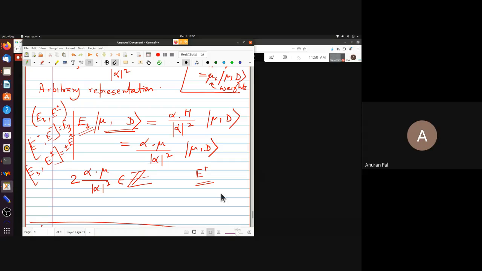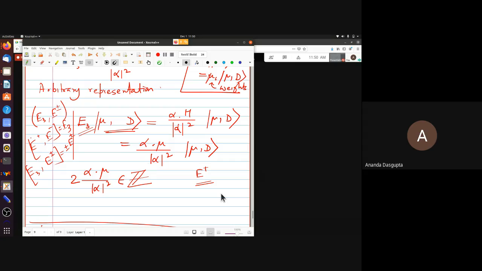So if the highest weight is j, the lowest weight is minus j, the gap is 2j. And because you have to be able to go from one to the other by changing the eigenvalue by 1, this 2j must be an integer.